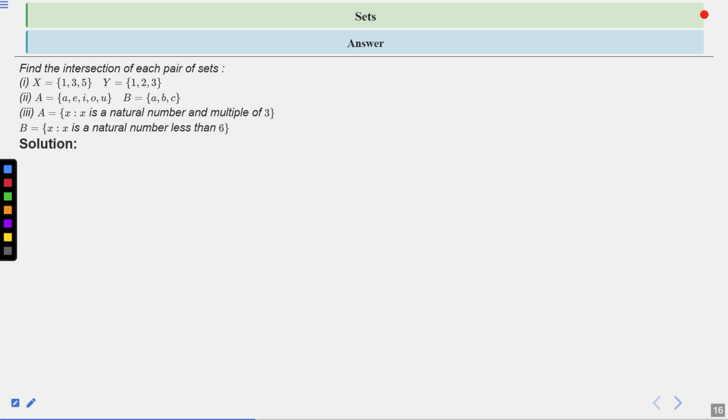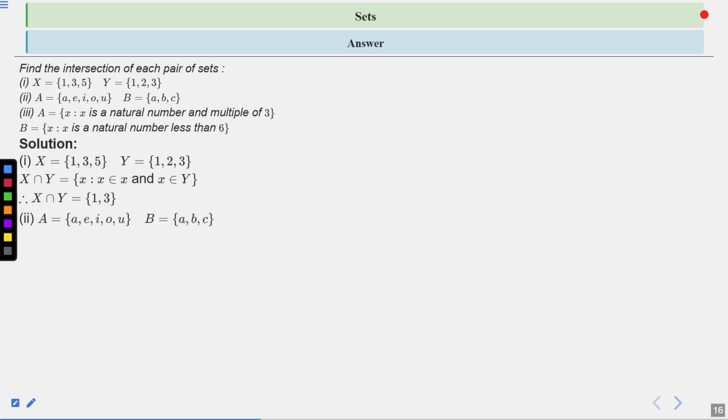The solution. X with 3 elements 1, 3, 5, Y with 3 elements 1, 2, 3. X intersection Y will be the collection of all the elements which belong to both the sets. Clear? So, we are using the word AND. X intersection Y will be 1 and 3 because 1 and 3 are the only elements belonging to both the sets.